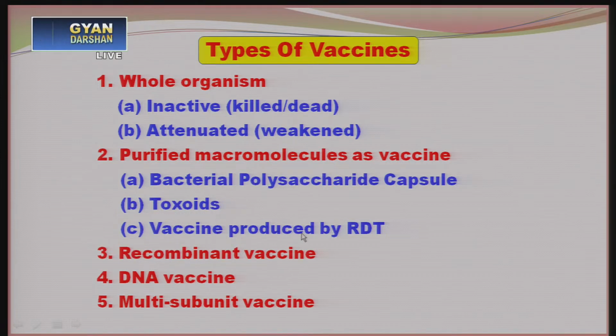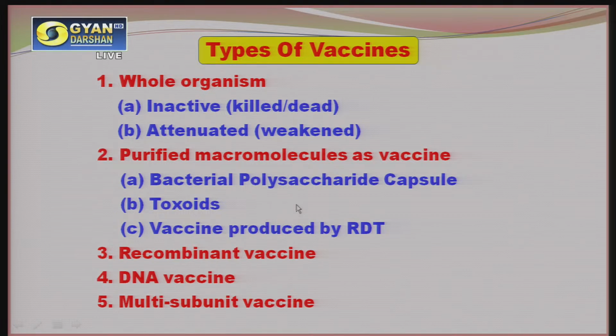Another is the vaccine produced by recombinant DNA technology. Various vaccines we can produce through recombinant DNA technology methods. In this case, particular pathogens have particular proteins which have antigenic property. We can recognize it, we can remove the particular genes, and we can incorporate them into a particular vector.